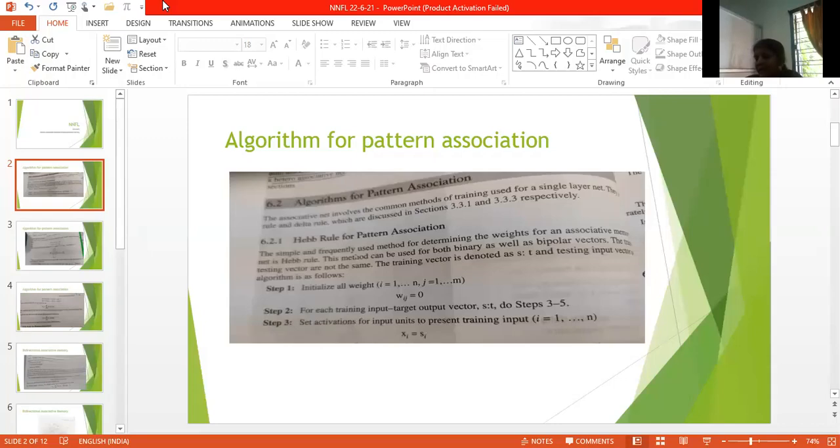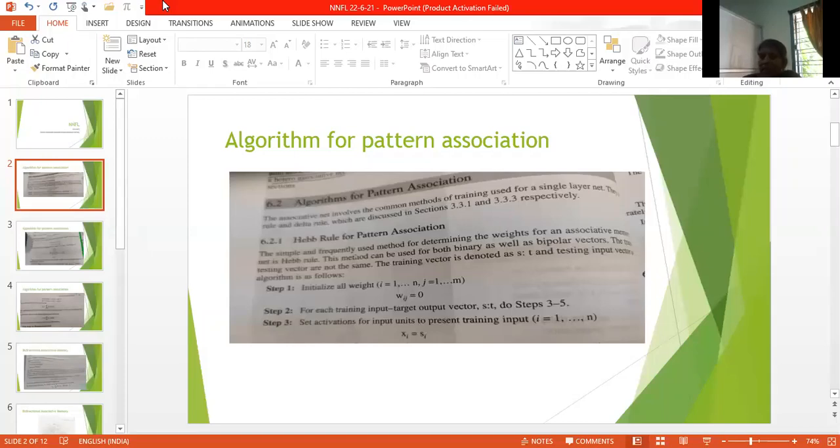Associative memory net is a simplified model of the human brain.